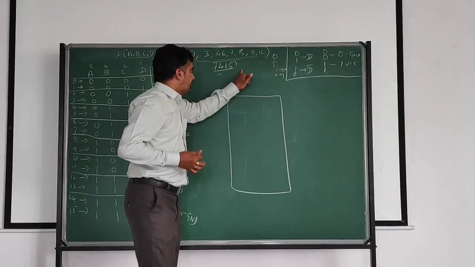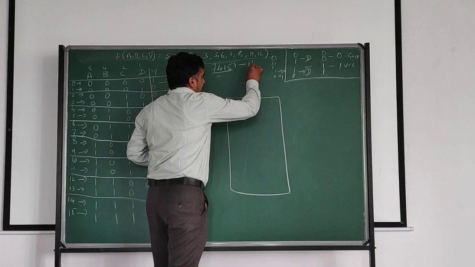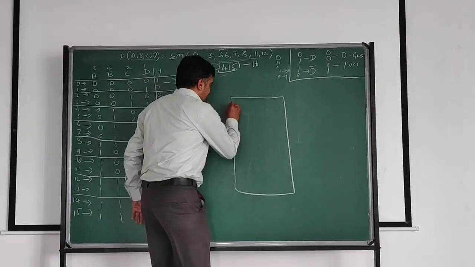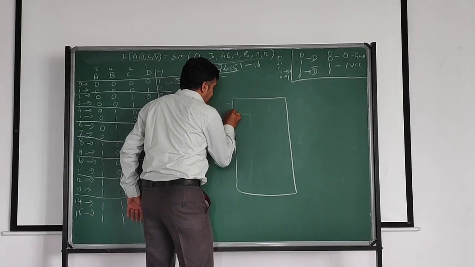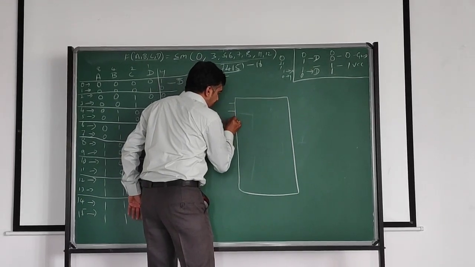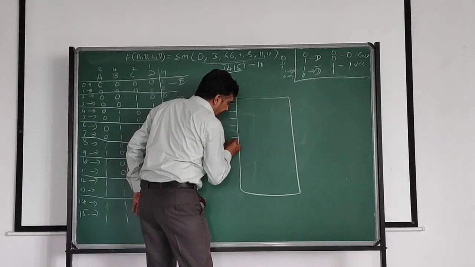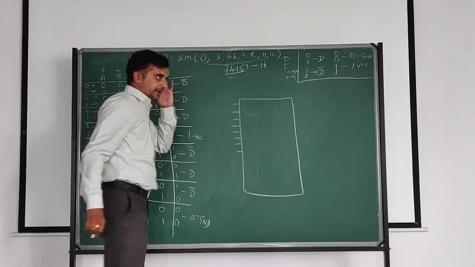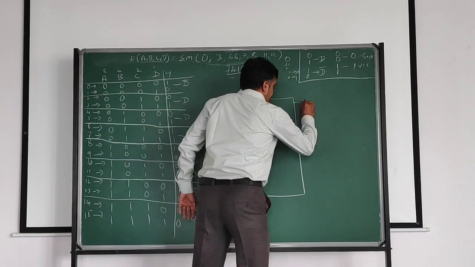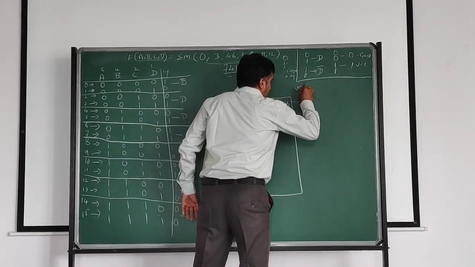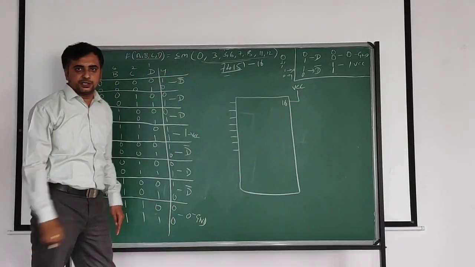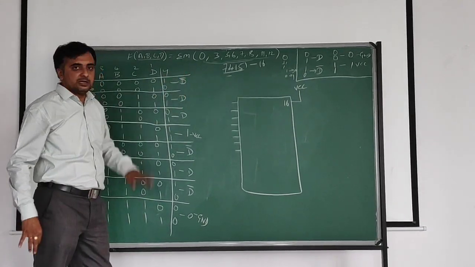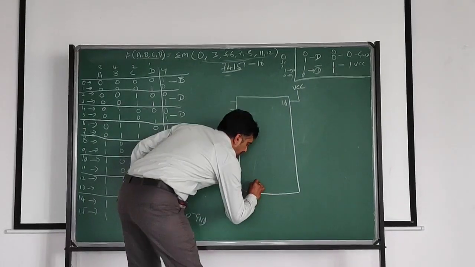Now, for 74151, we are using a 16-pin IC. How many? 16 pins. So this is 1, D0, D1, D2, D3, D4, D5, D6, D7. Pin 16 should always be connected to VCC, high, in this 74151 IC configuration.